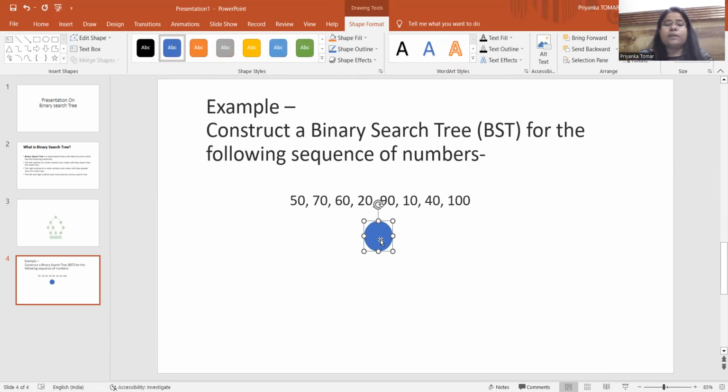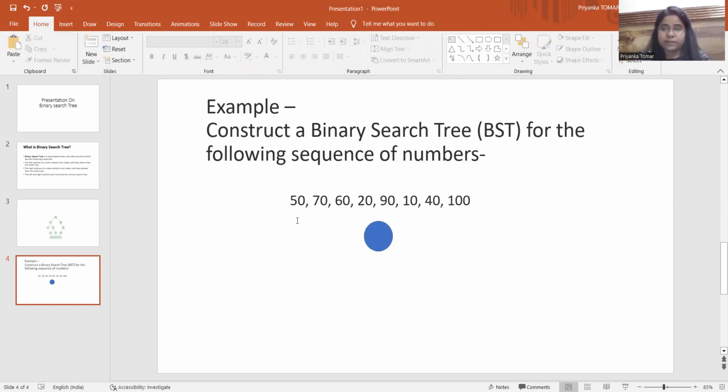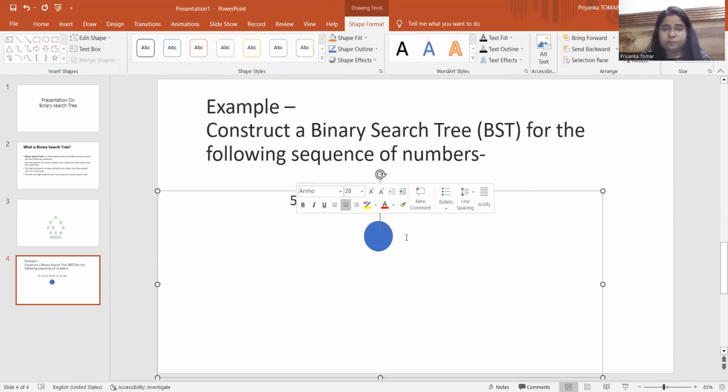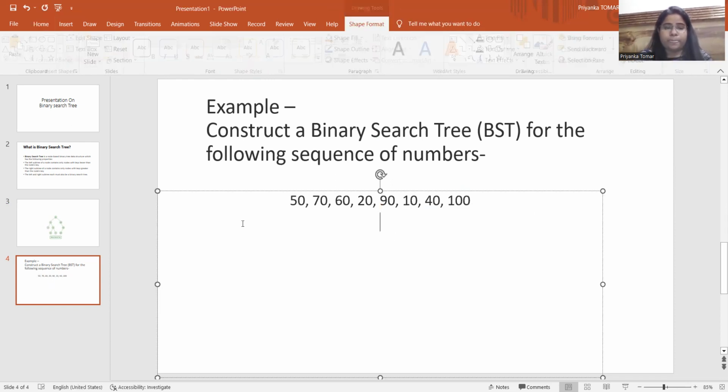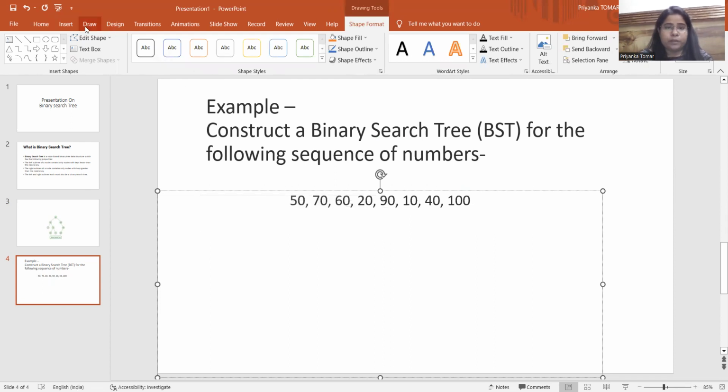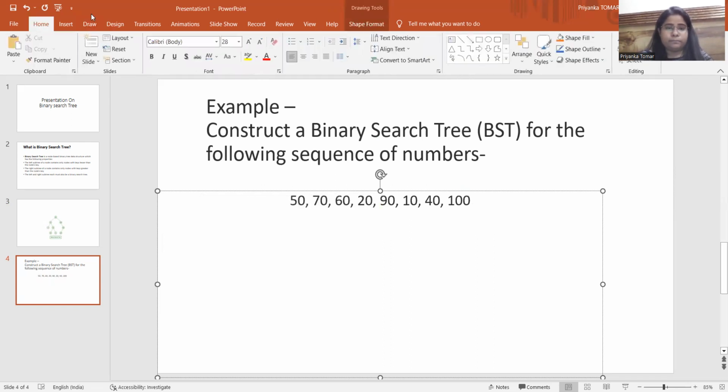Okay, so for constructing a binary search tree, we have to keep three things in our mind. First of all, take the first element as the root node.